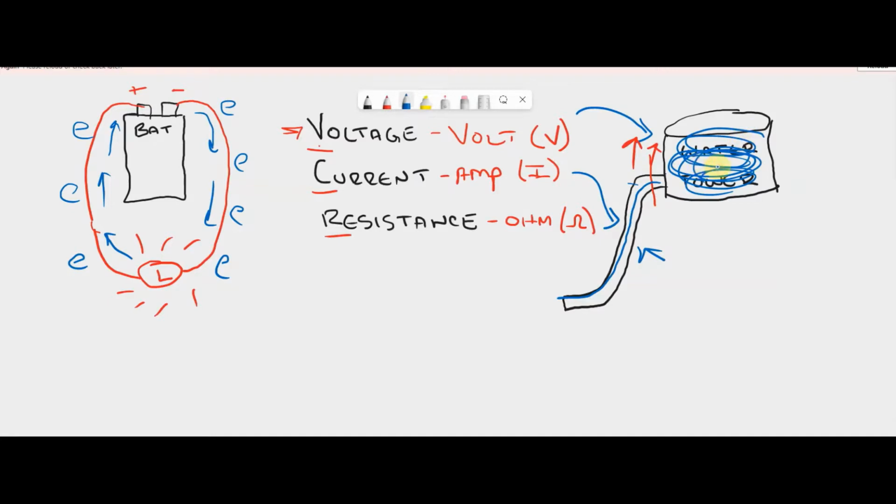So our potential, or our voltage, is forcing the water down through the tube. If we close the valve, we create resistance. If we open the valve, we have minimal resistance and the current can flow freely to wherever we want it. If we're watering our lawn or if we're squirting somebody, whatever.